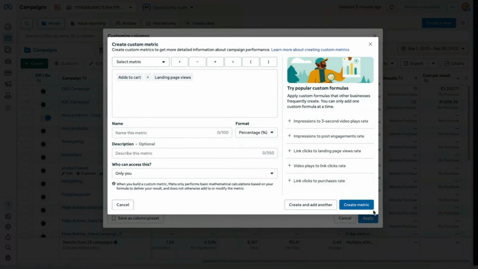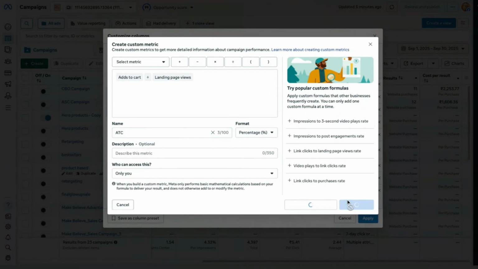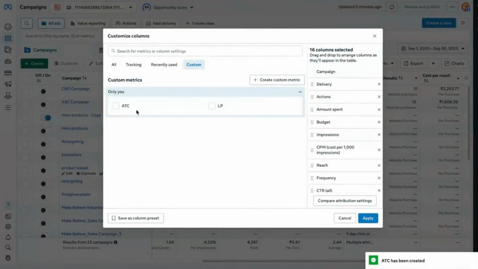Adds to the cart divided by landing page view. So LP and ATC, these are two different custom metrics that we created. It will tell us in the initial phases how many people are able to visit our website, and from those people, how many are adding to the cart.